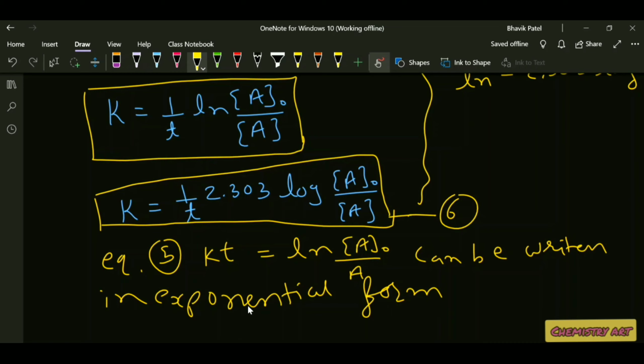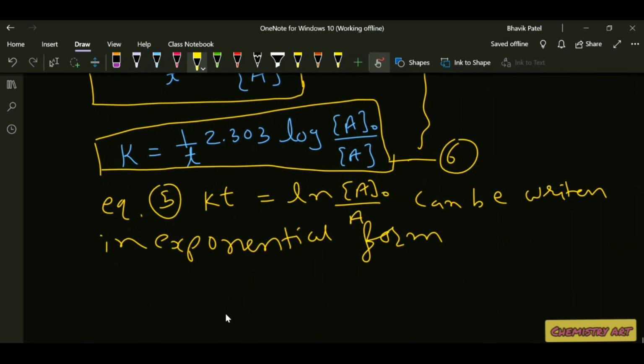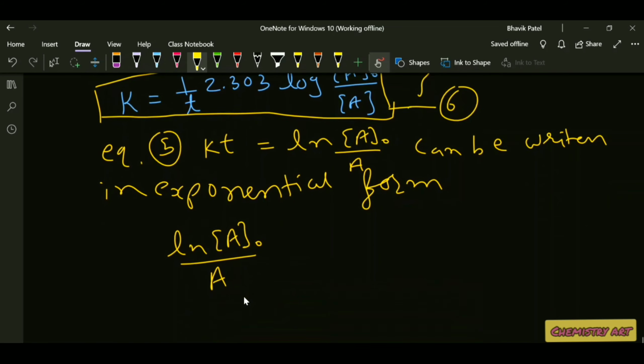So here, instead of ln we want e. This ln A naught by A we have to take as an exponent, as a power of e.